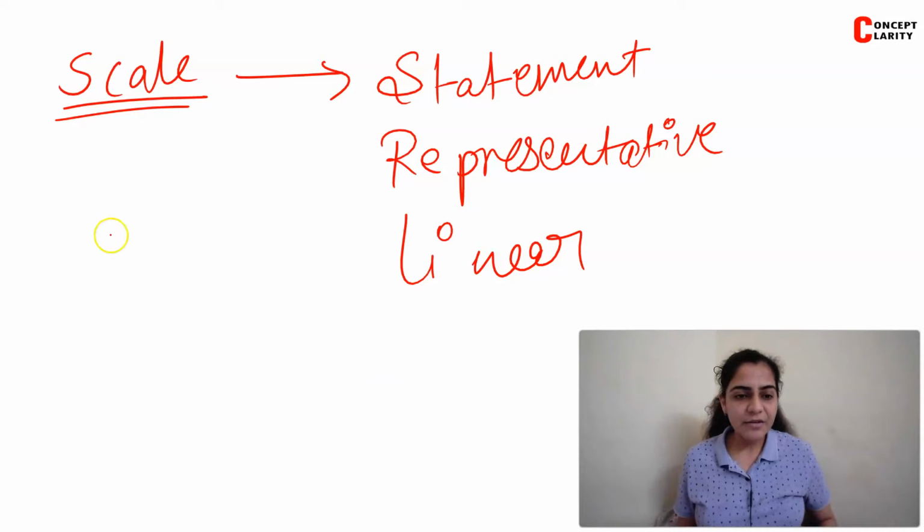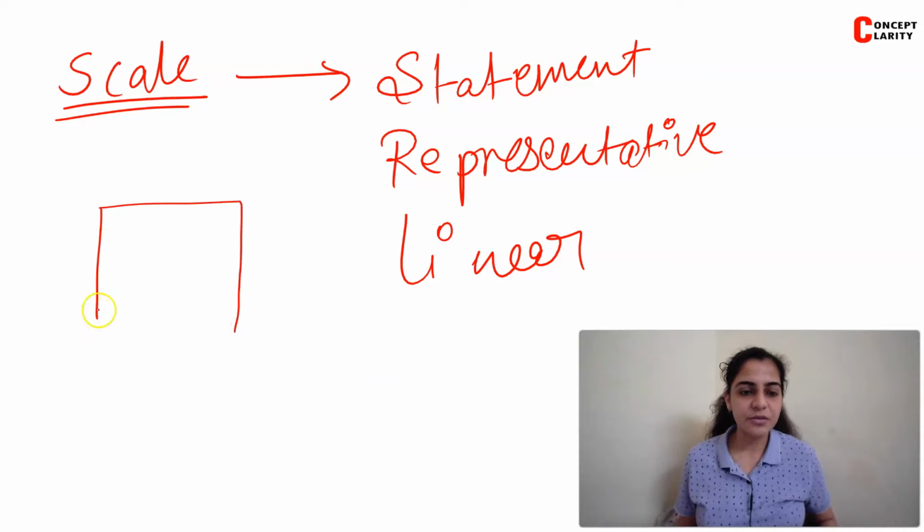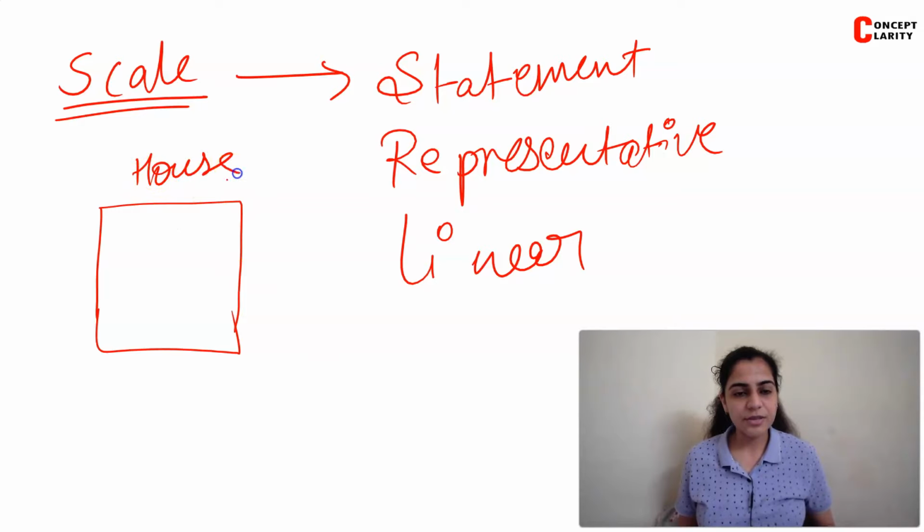Okay, when we have to make something according to some dimensions, that is known as a scale. So let's say I have a house, and my room is 1 square foot by 1 square foot.